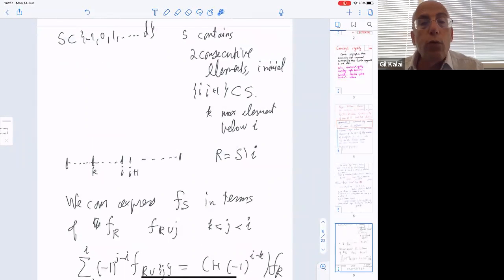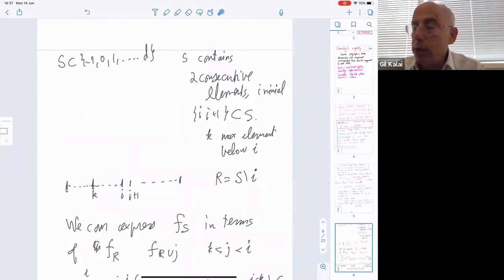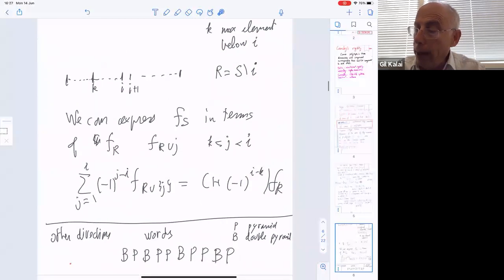So if we start with a set of indices which contain two consecutive elements, we get from Euler's theorem, by the procedure I described in the example above, the identity that F_S is equal to some alternating sum of flag numbers with smaller indices, plus either with coefficient 2 or with coefficient 0, F_R.